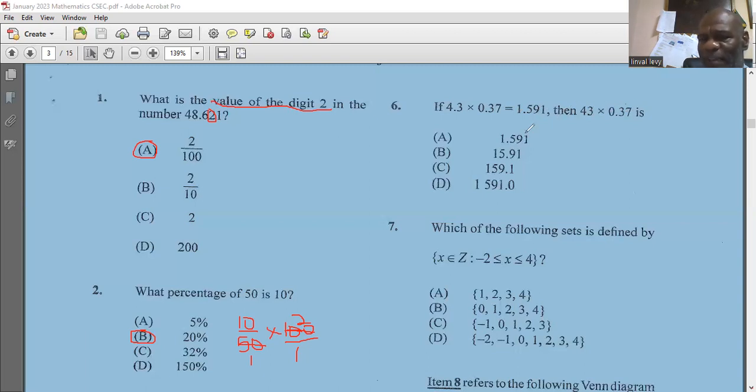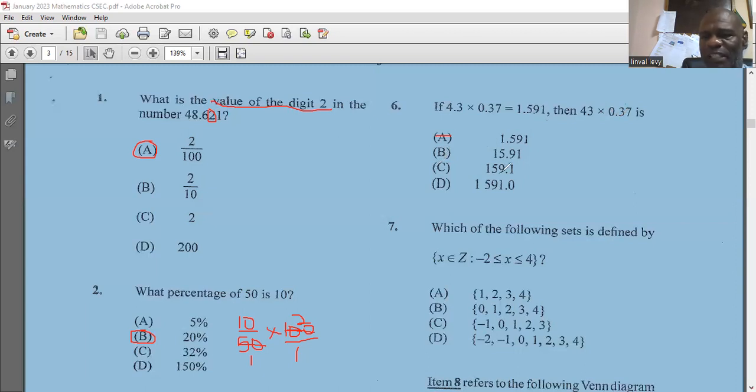Now, by elimination, we could eliminate A because we have 3 digits behind the decimal point, and it could not remain the same as this here because it's now 43 instead of 4.3. We are looking for a result with 2 decimal places. It could be B, but let's eliminate first.